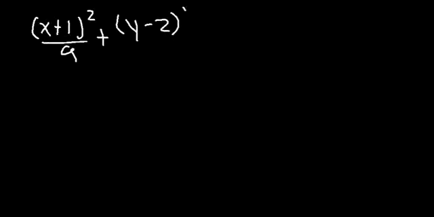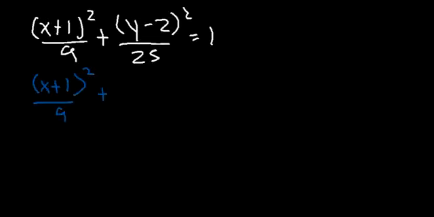So let's try an example where we have to find the x and y intercepts, just for the sake of practice. So let's say if you want to find the x-intercept, plug in 0 for y, and then solve for x.